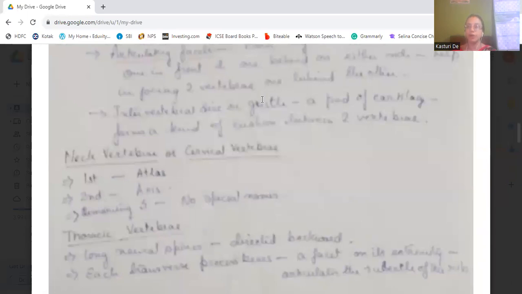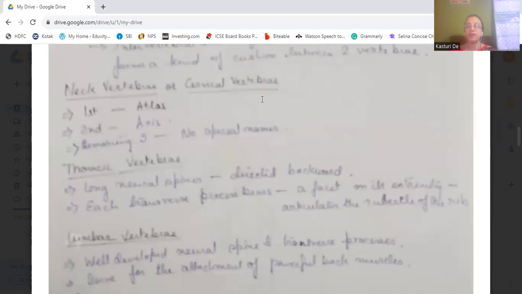The neck vertebra, or the cervical vertebra: the first is atlas, the second is axis, and the remaining five have no specific name. Then thoracic vertebra, they have long neural spines which are directed backward. Each transverse process bears a facet on its extremity, which articulates the tubercle of the rib.